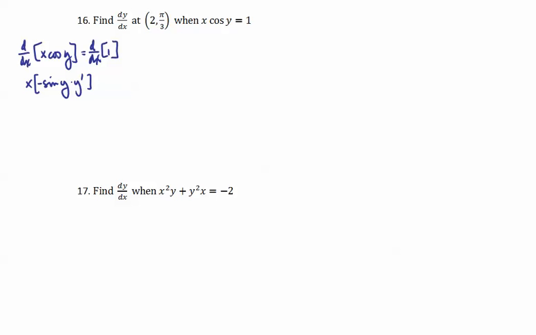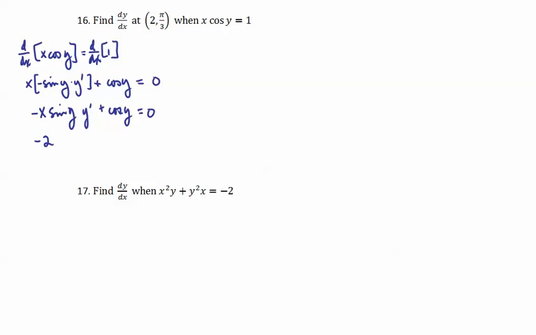So it's 1 d2 plus 2 cosine of y d1, which is just 1, and the derivative of 1 is 0 on the other side. So we end up with negative x sine y times y prime plus cosine of y is equal to 0. X is equal to 2, so we get negative 2.